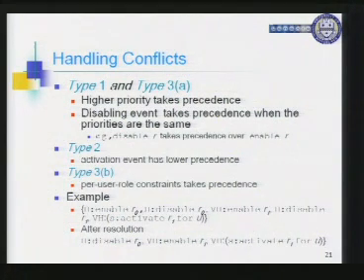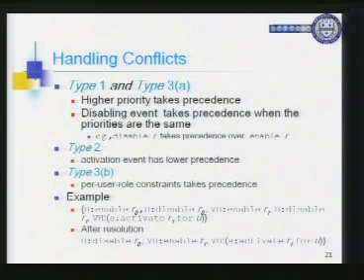Basically, type 2 conflicts occur when you have an activation-related event and another non-activation related event trying to occur at the same time, but they have opposing effect. So we give less priority to the activation event because, for example, if a role is disabled, we should not be able to activate it. Type 3, as I have already mentioned, the most specific specification overrides the less specific.